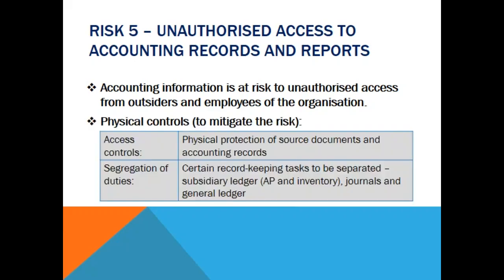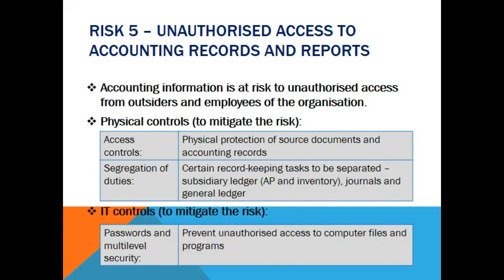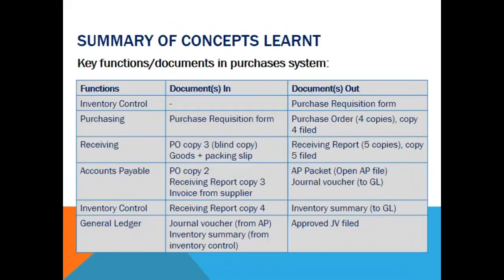Physical controls include limiting access to source documents and accounting records, and having proper segregation of duties, whereby certain record-keeping tasks are separated. IT controls will be in the form of having passwords and multi-level security to prevent unauthorized access to computer files and programs.